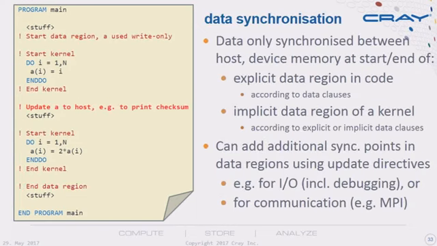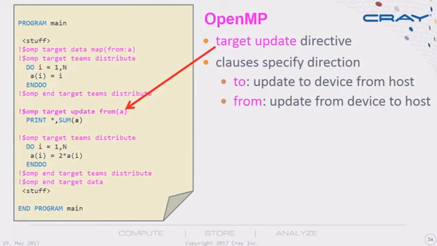So what you mentioned: what happens if we want to do something on our host, on our CPU, with this data? For example, we want to print out something, or we do some modifications on our array on the CPU. So we need a kind of an update here. And this is possible: we can define an OpenMP target update, and then we can specify in which direction the update should be done.